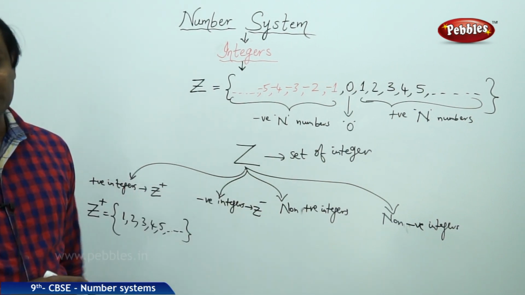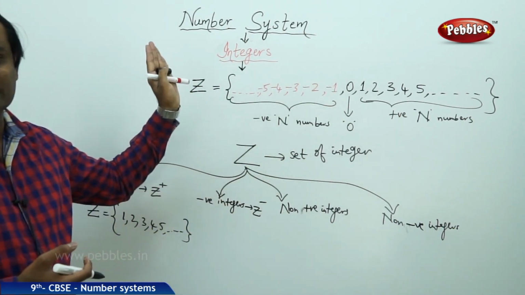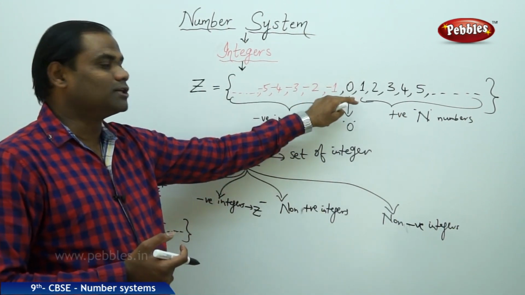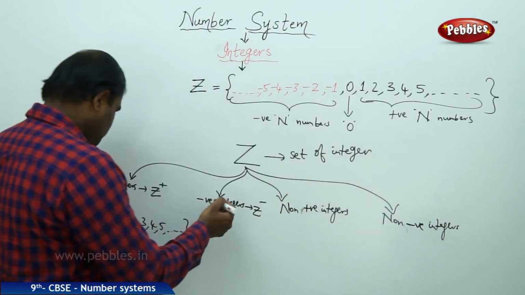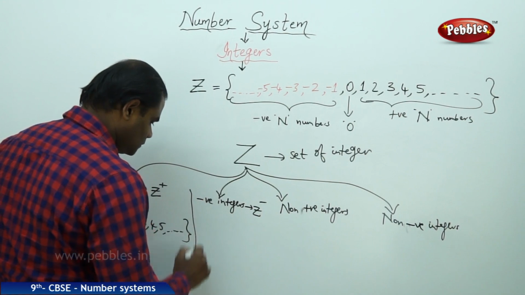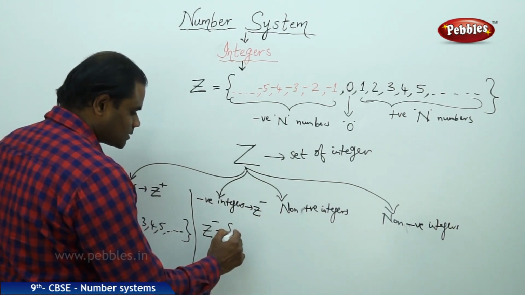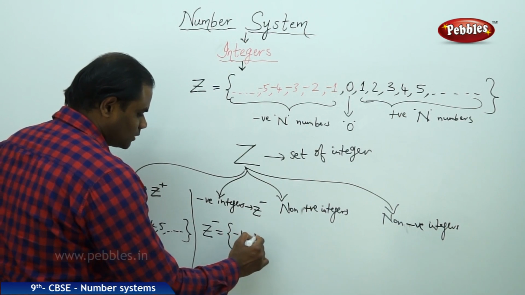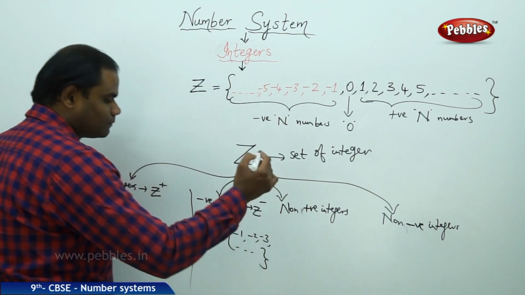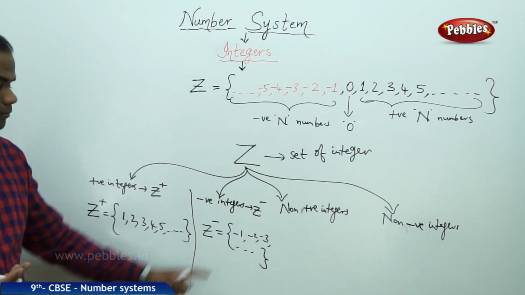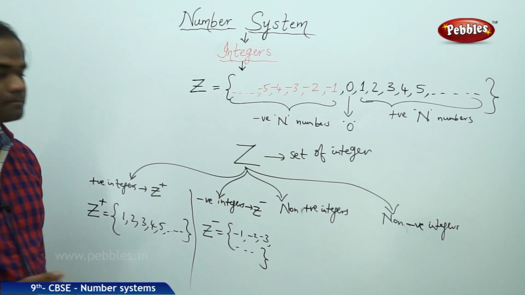Similarly, the negative integers Z minus is all the numbers which come on the negative side, that is, on the left of 0 of the main set of integers Z. Therefore, negative integers denoted by Z minus start with -1, -2, -3, and so on and so forth. This is how we write the set of negative integers.